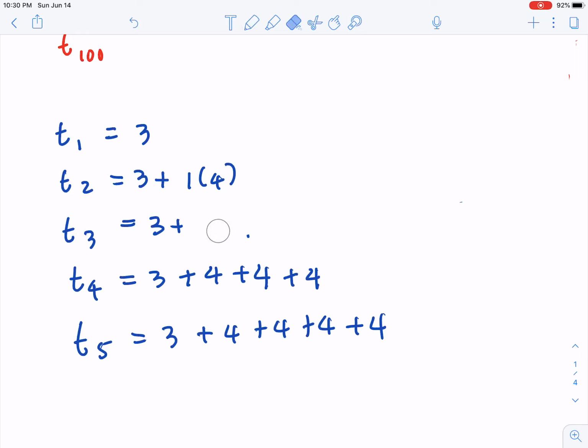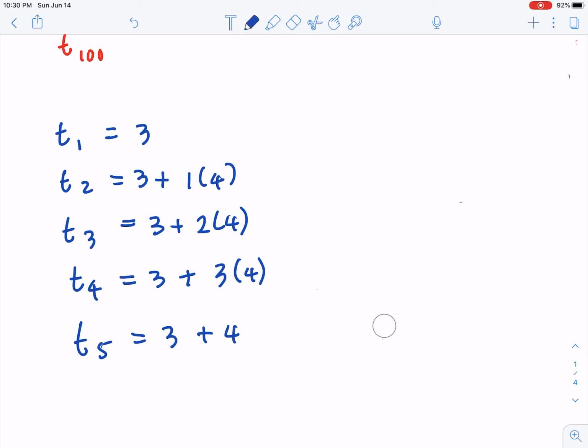Tapos ito ay, sorry, 3 plus 2 times 4. Ito ay 3 plus tatlong 4s, di ba? And ito 4 times 4. Okay?